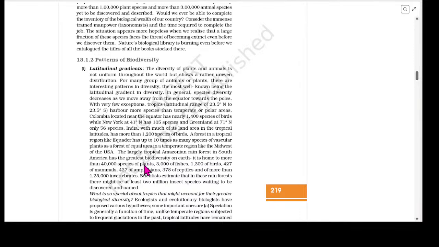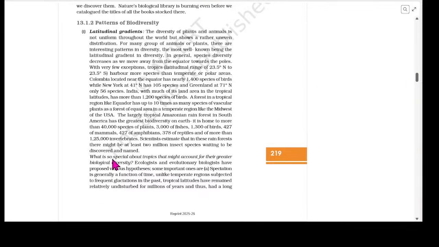It is home to more than 40,000 species of plants, 3,000 of fishes, 1,300 of birds, 427 of mammals, 427 of amphibians, 378 of reptiles, and more than 125,000 invertebrates. Scientists estimate that in these rainforests there might be at least 2 million insect species waiting to be discovered and named.